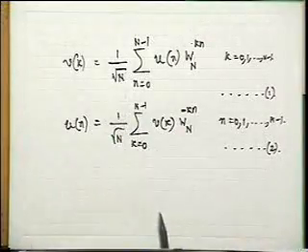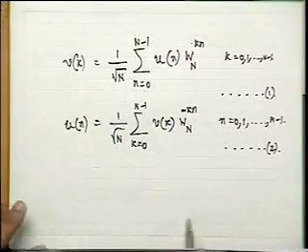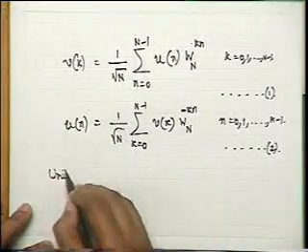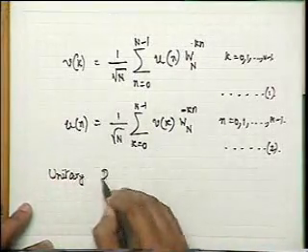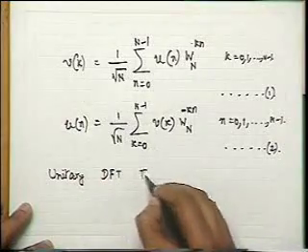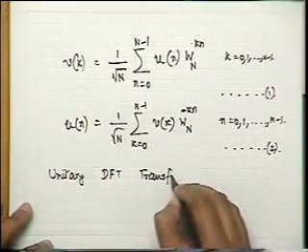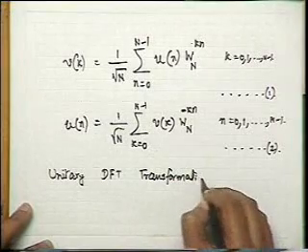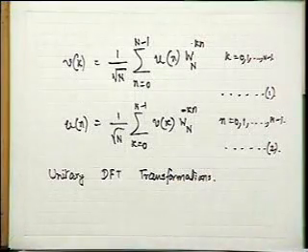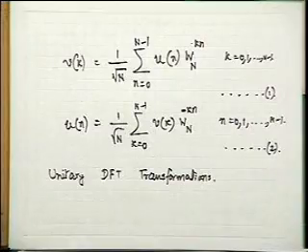So, this transformation pair which I have defined now is called the unitary DFT transformations. DFT itself is a transformation, so I should have called this unitary DFT, but many a time we are accustomed to say things like AC current, DC current, and this is also one of that type.